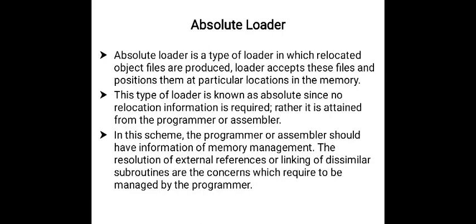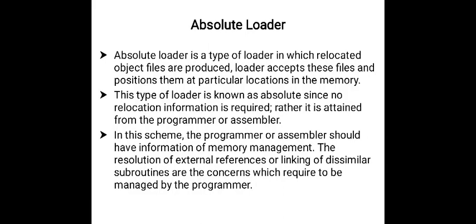This type of loader is known as absolute. You need to understand the reason why it is absolute: no relocation information is required, and rather it is obtained from the programmer or the assembler. Thus, such a scheme is called absolute. In this scheme, the programmer or the assembler should have some basic information of memory management.